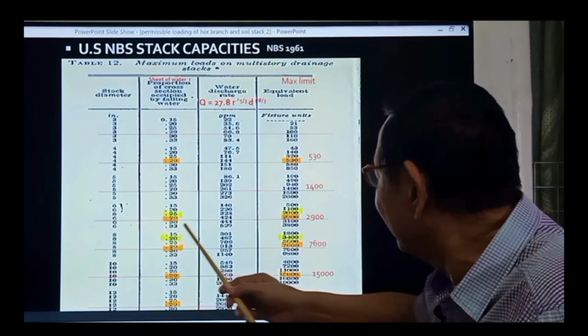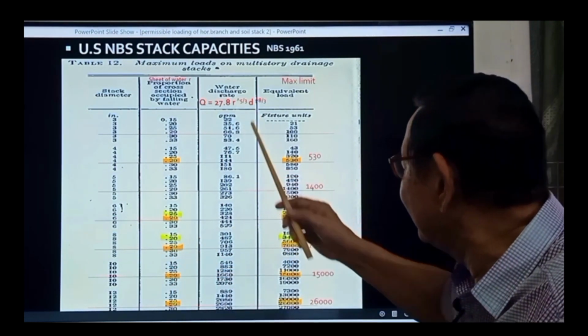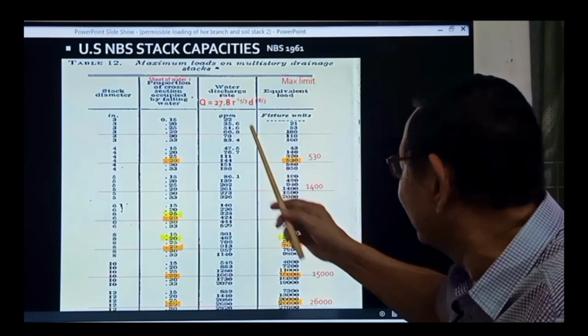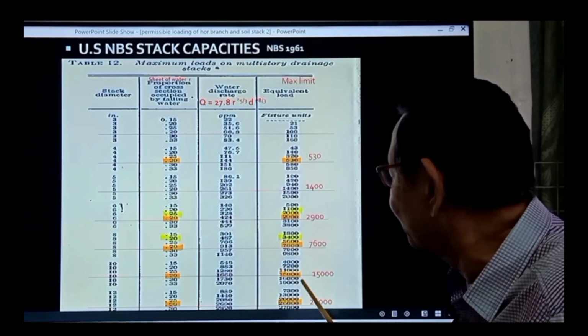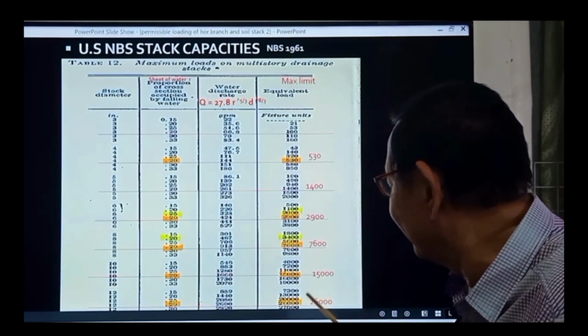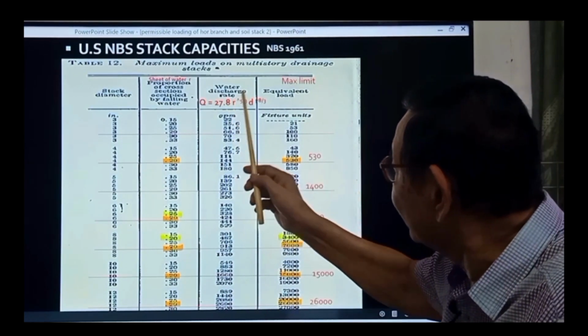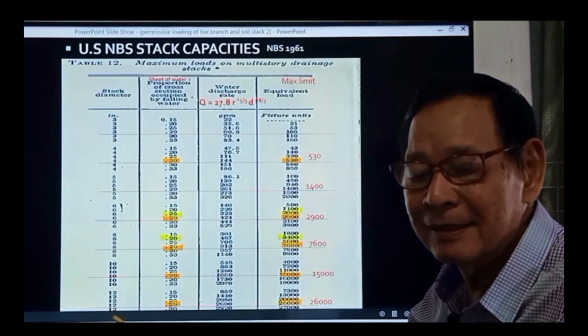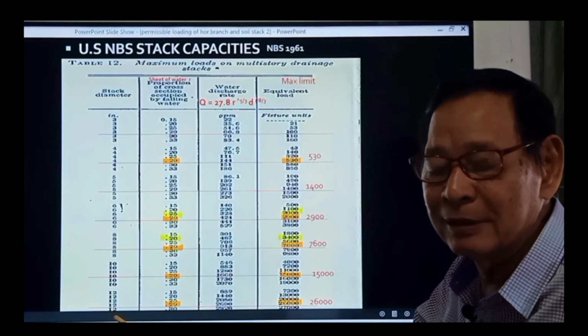Ang 6 inches, compute mo galing dito is 2,900. Ang 8 inches, compute mo galing dito is 7,000 fixtures unit. Ang 10 inches, 15,000. Ang 12 inches, 26,000. Galing dito yan. That is the load limit.